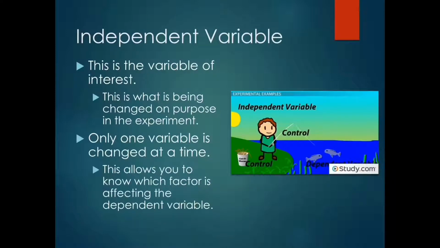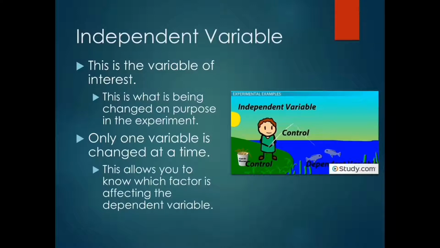The independent variable, this is the variable of interest. This is what you're going to change on purpose in the experiment, and you're only going to change one variable at a time. So you're not going to try 2 or 3 different things first.